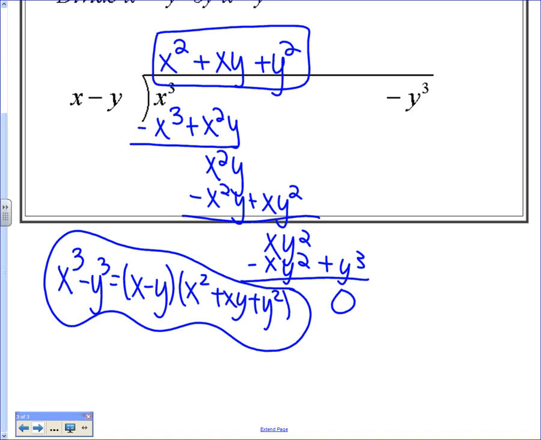They won't always have a remainder of 0. They could be random things. You do get a remainder. Where do you add it? Okay, so let's say we have a 2 here. You would say plus 2 over x minus y.